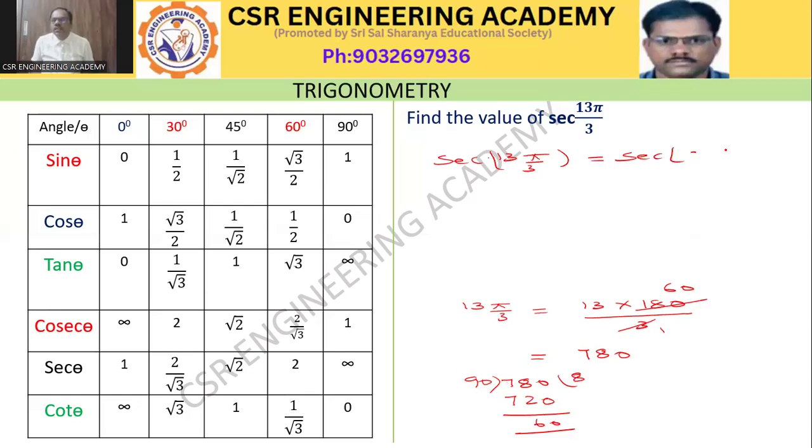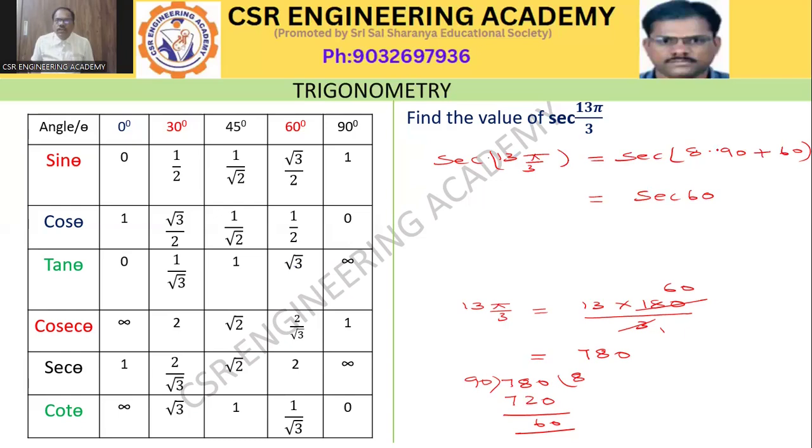Secant 13 pi by 3 is equal to secant(8 × 90 + 60). Here the multiple of 90 is 8, an even multiple. For an even multiple, it stays secant only. So secant theta, with theta 60, secant 60.